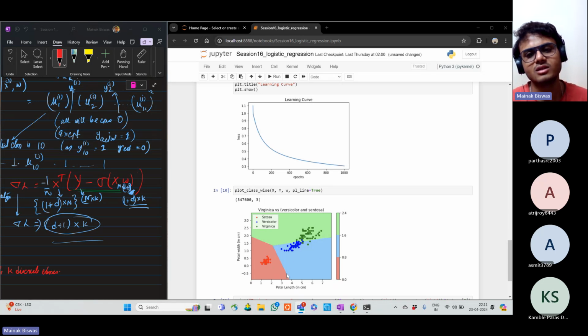On this one, versicolor and setosa have the same probability. At this one, setosa and virginica will have the same probability. At this point, all of them will have the same probability. But these are points in a plane, and they have 0 probability. They will not have any data points on those points. Yes.